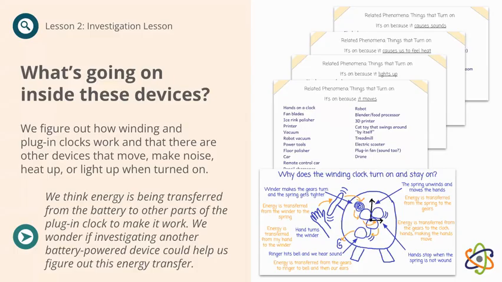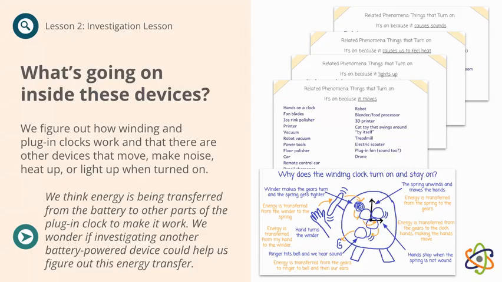So this particular modeling activity can serve as a review of concepts from 4.1. But for students who have not yet had 4.1, this is an opportunity for students to develop the ideas of what energy is and energy transfer.